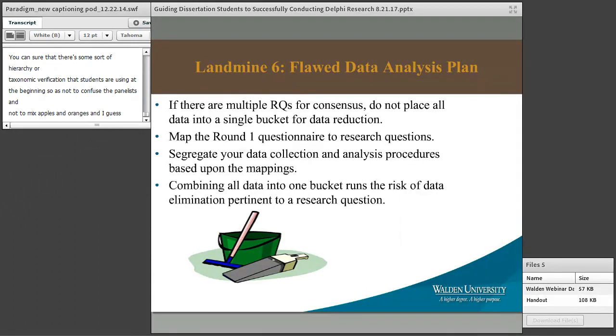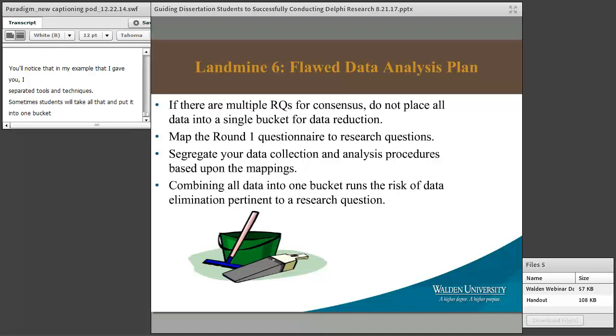Very quickly, there's a flawed data analysis plan. You notice that in my example I separated tools and techniques. Sometimes students will take all that and put it into one bucket, and then ask people to rank the top 5 answers. In doing that, your panelists might not rank the techniques as highly as the tools, or vice versa, and you're going to be eliminating data.